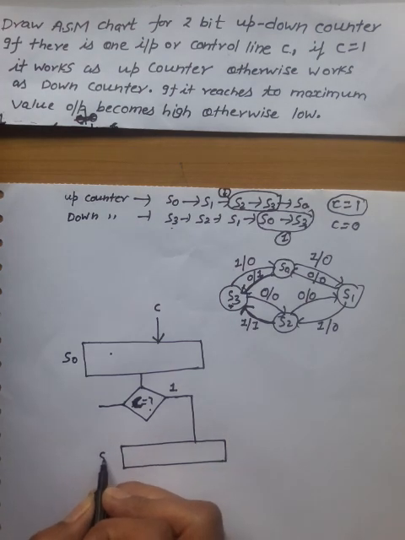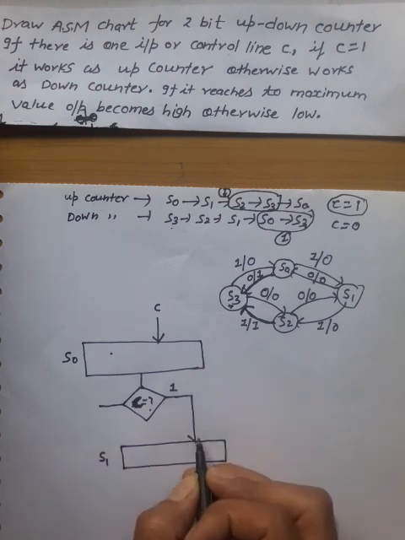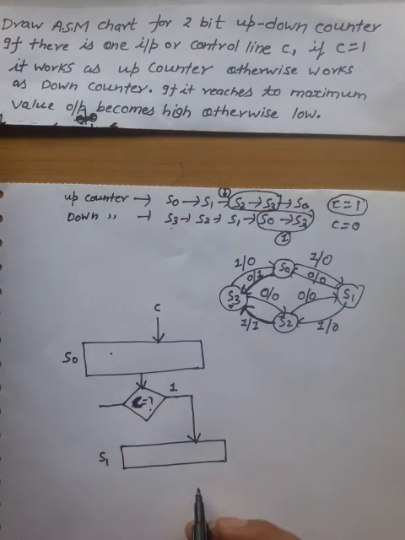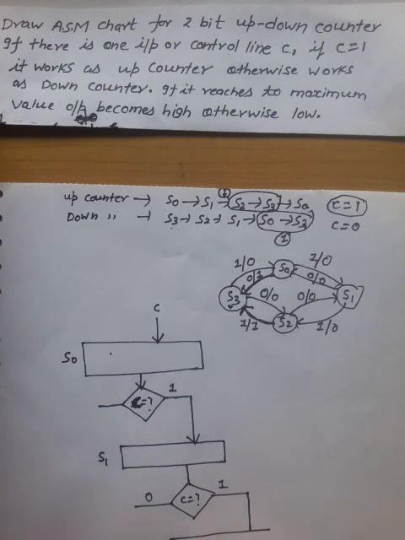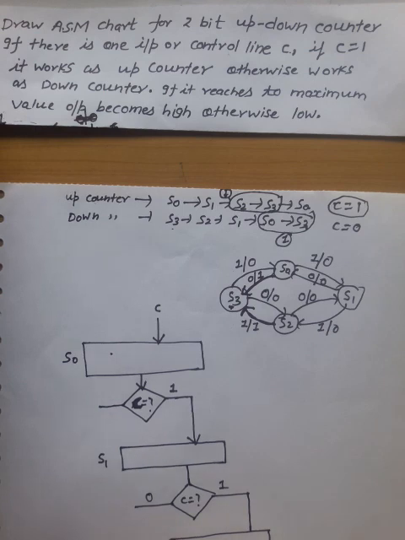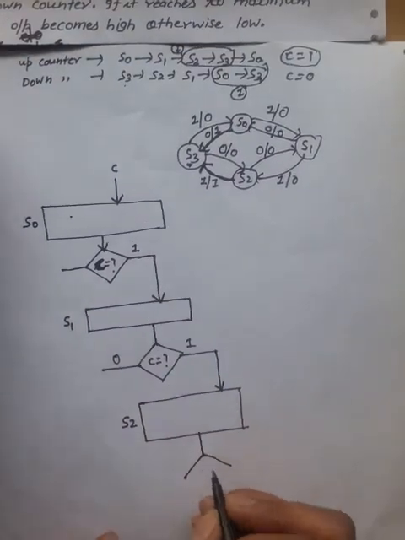It is going from S0 to S1 when value is 1. Again it will check, for C equal to 1, from S1 it will go to S2.